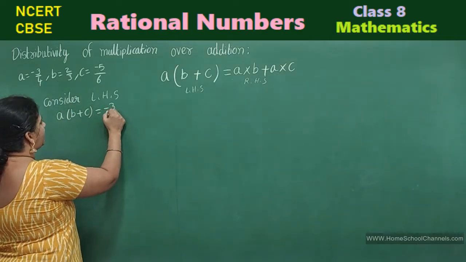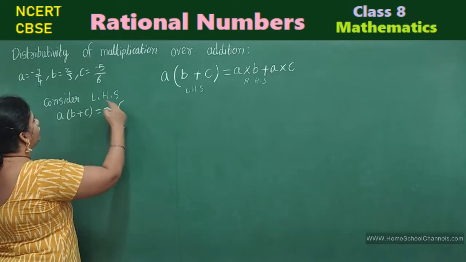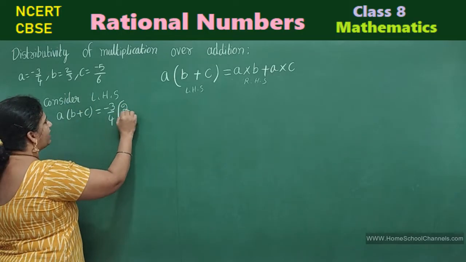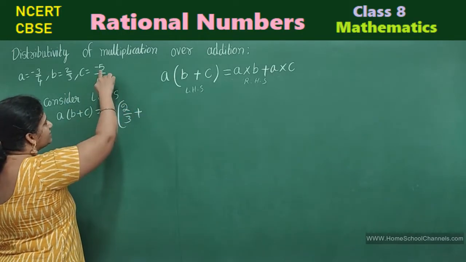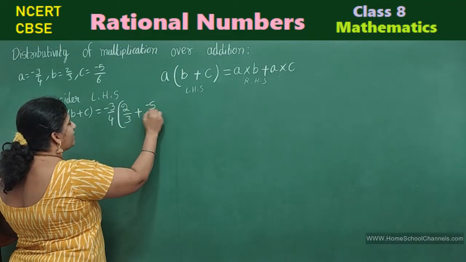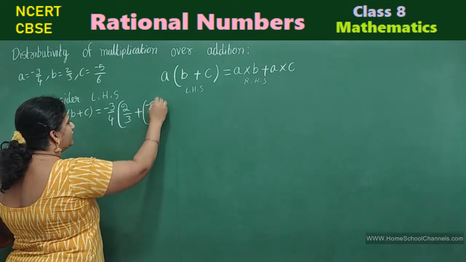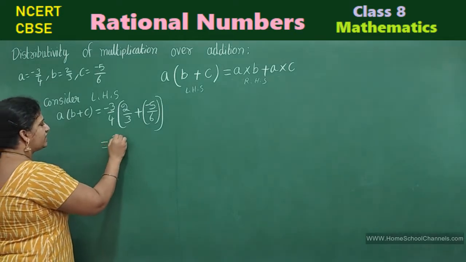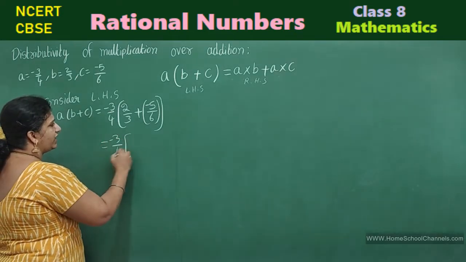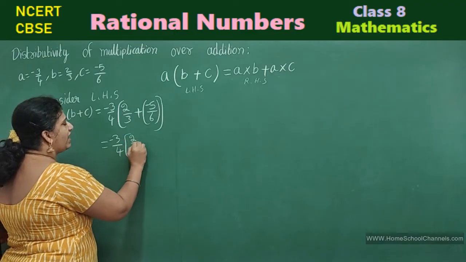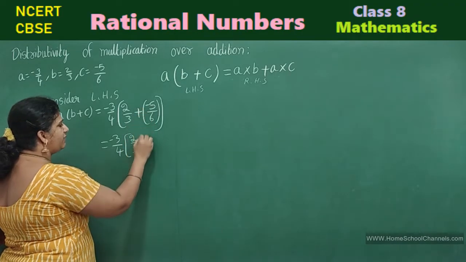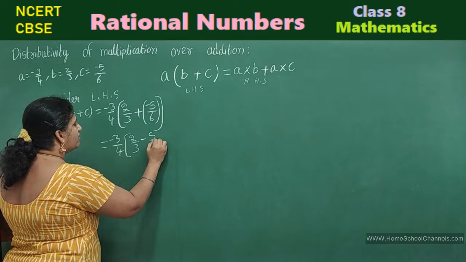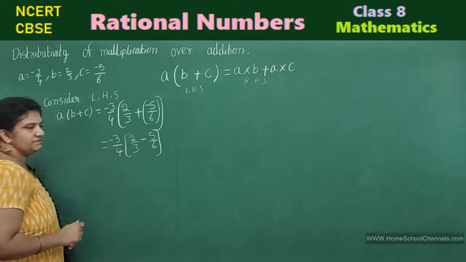Substitute the rational numbers we have taken. A value is minus 3 by 4 into B value is 2 by 3 plus C value is minus 5 by 6. Better go with a bracket, and now simplify this one. Minus 3 by 4 into 2 by 3 plus minus 5 by 6.